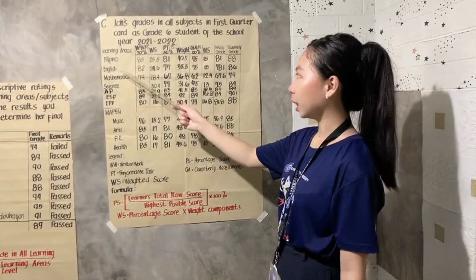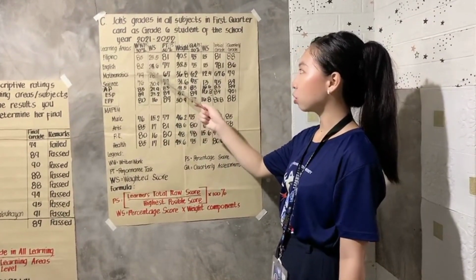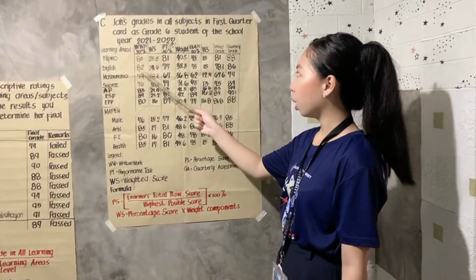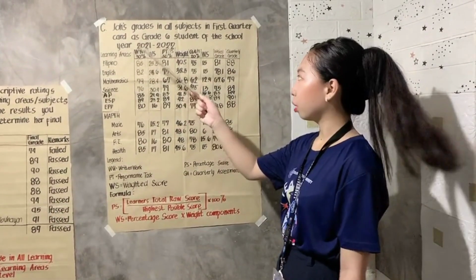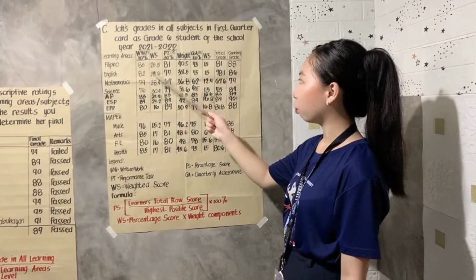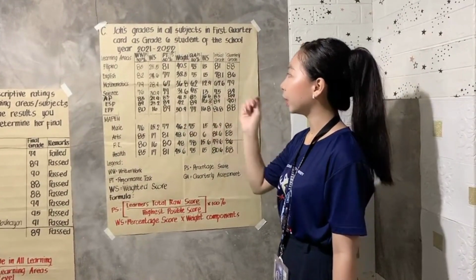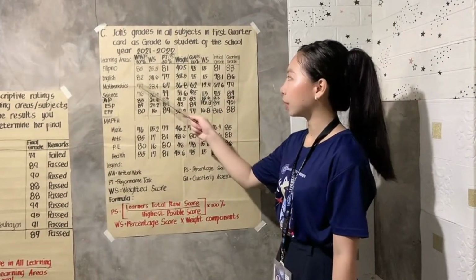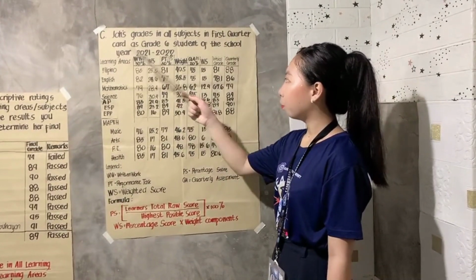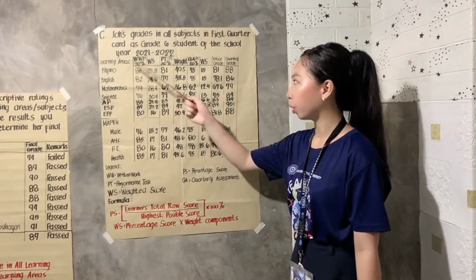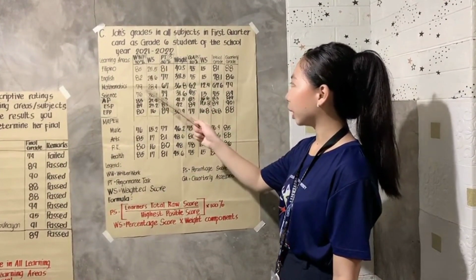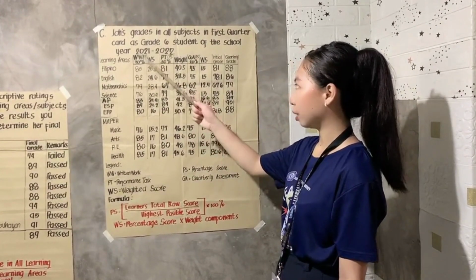For English, she got a percentage score of 82, multiplied by 0.30, that would be 24.6. In mathematics, he got a 79 percentage score, multiplied by 0.30, that would be 28.4 for the weighted score.